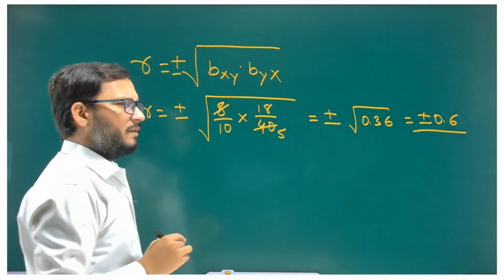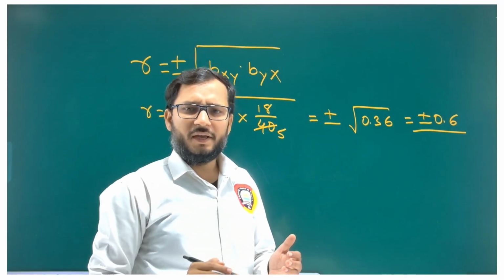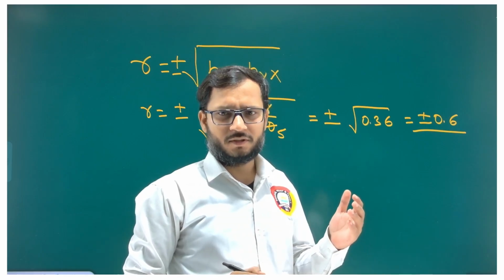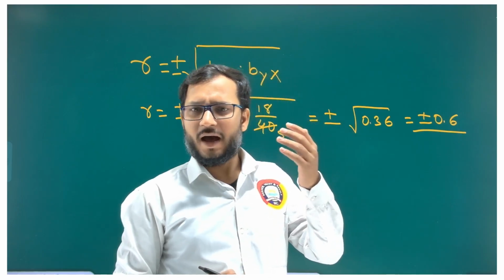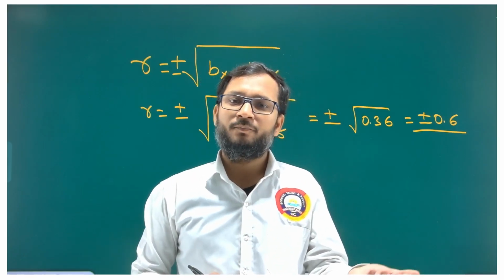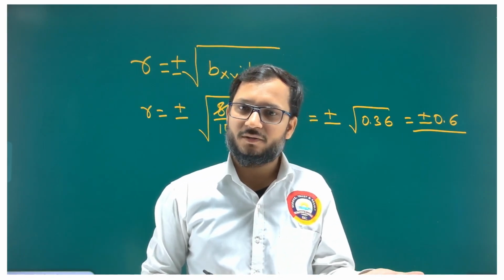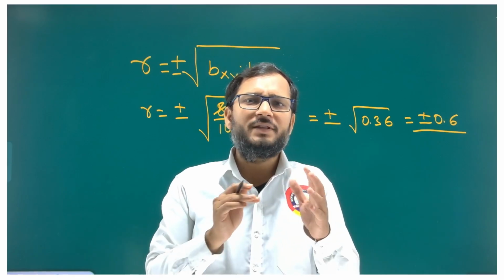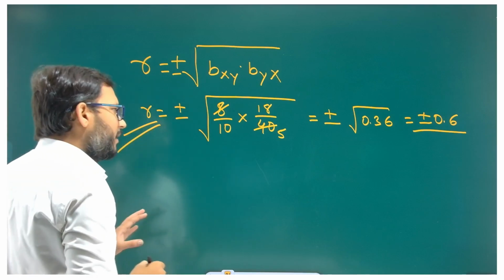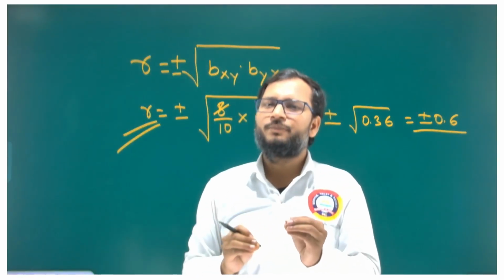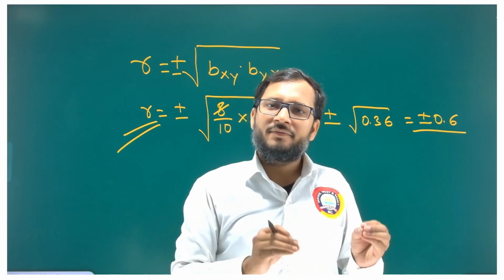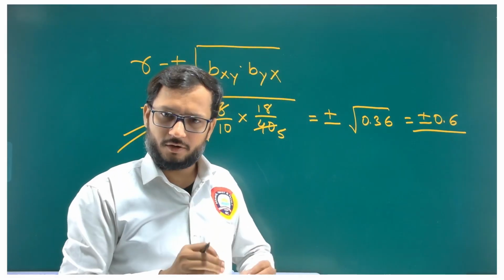Now see here, r can be negative or positive, and even bxy and byx can each be negative or positive. So what should be the sign of r? It is very basic to know that the sign of the correlation coefficient will be the same as the sign of the regression coefficients.